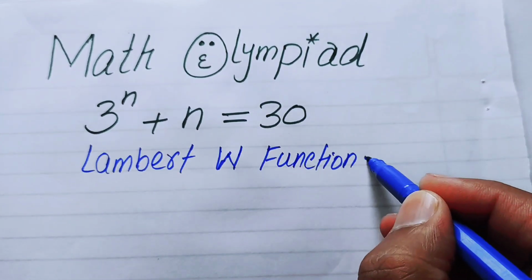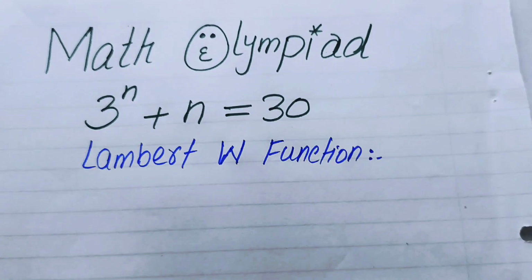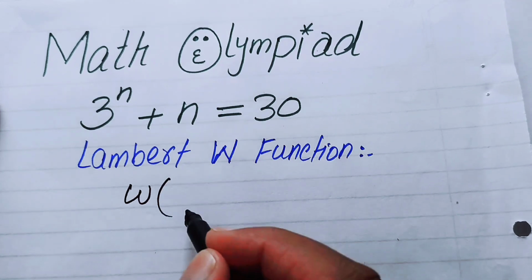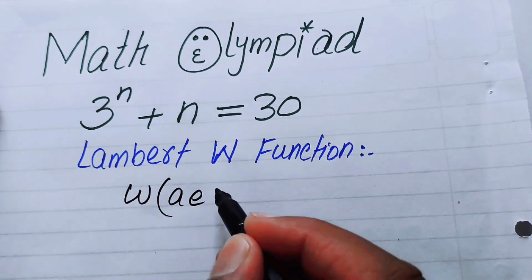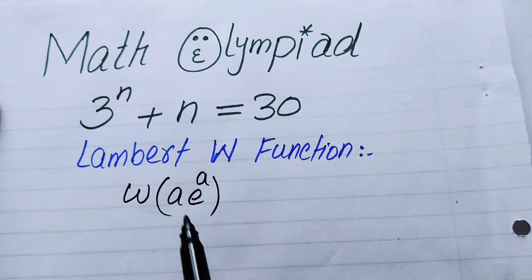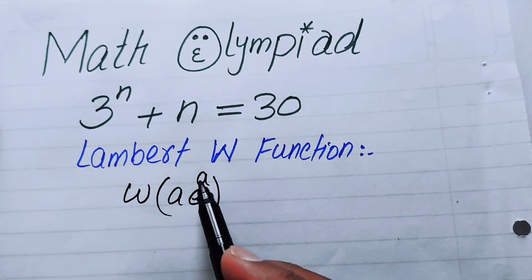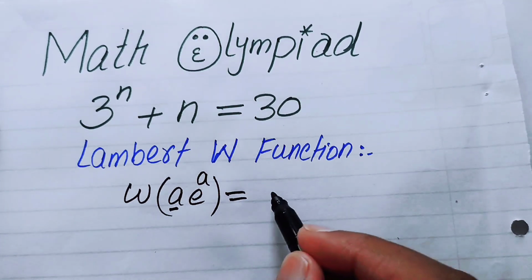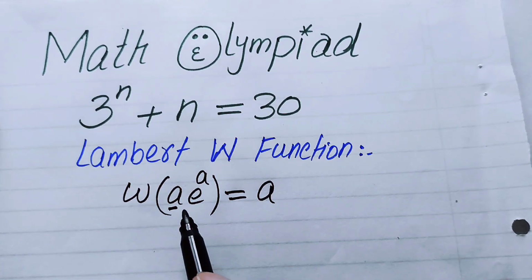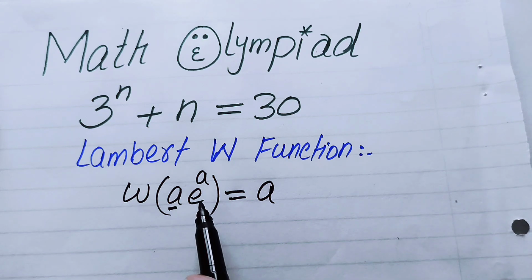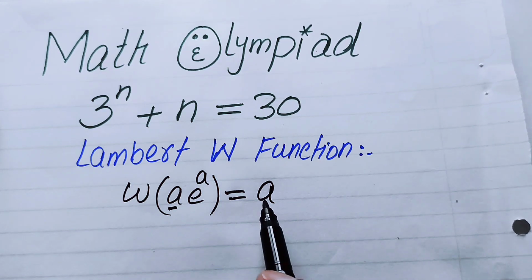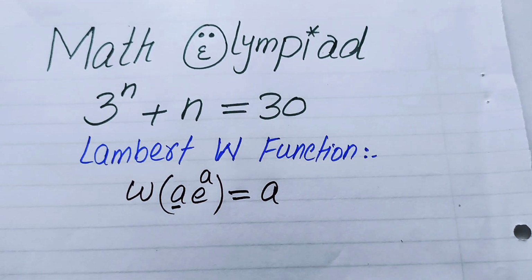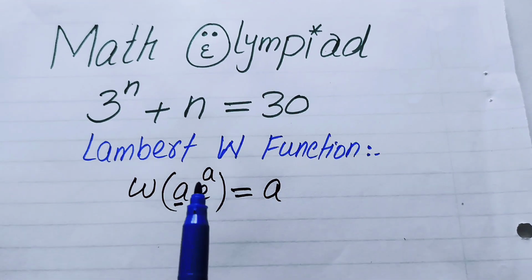The Lambert W function is stated as: if we have W of a times e to the power of a, that is, if you multiply a by e to the power of a, then it is equal to a. So now we can use this nice function in our given question, and we can find the value of n.